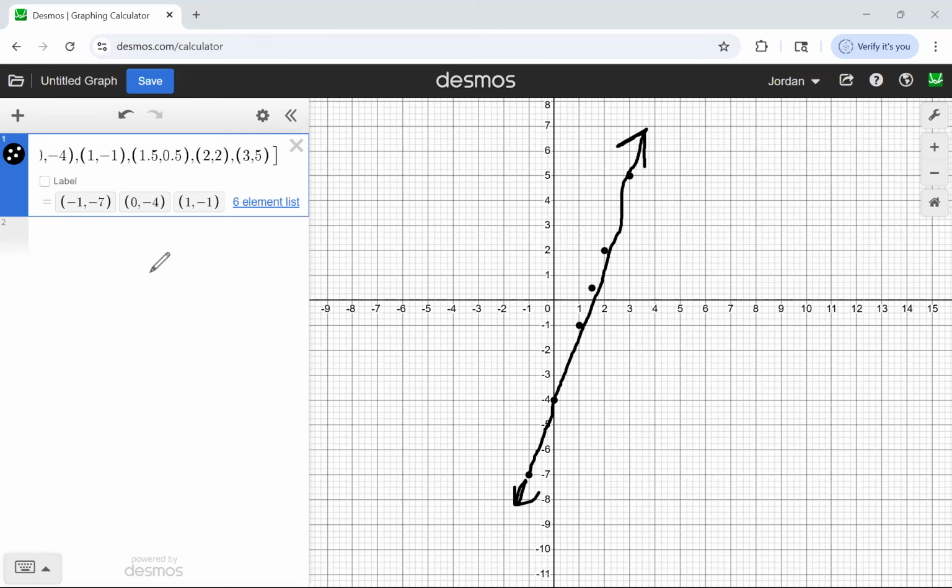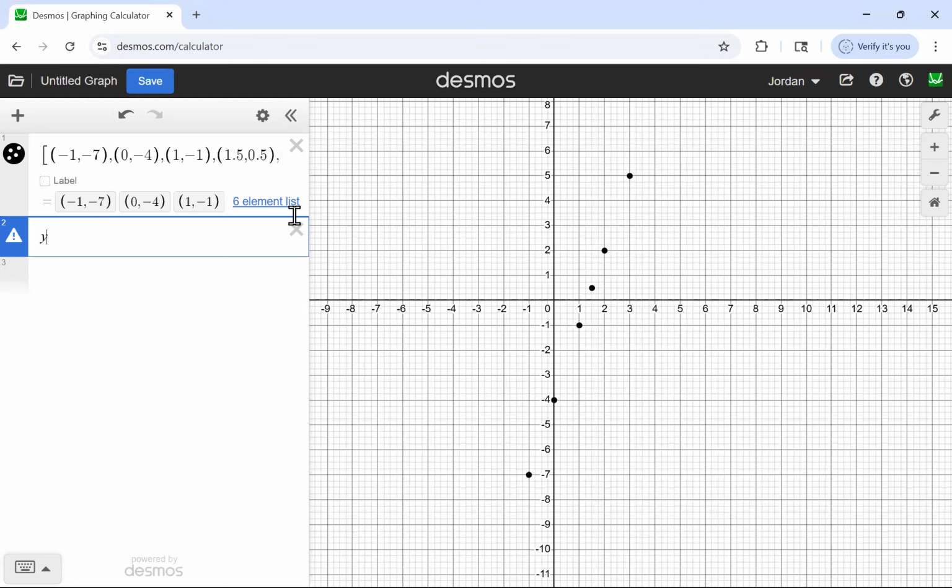Now, if you do this on Desmos, you can just write out y equals 3x minus 4, and it'll give you a nice straight line. Obviously, when I drew it on the screen, it wasn't nearly as straight as it could have been.